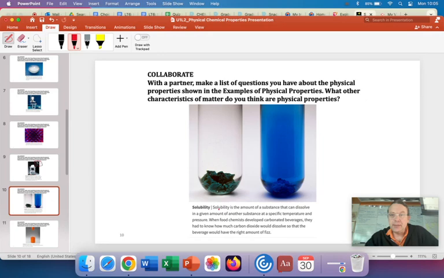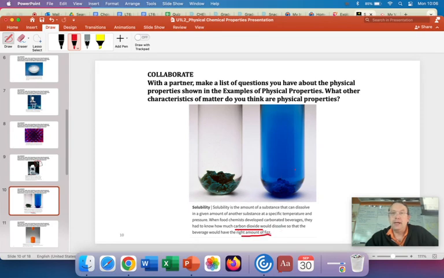Solubility is the amount of a substance that can dissolve in a given amount of another substance at specific temperature and pressure. So we talked about carbonated beverages, how much carbon dioxide can dissolve so the beverage has just the right amount of fizz.